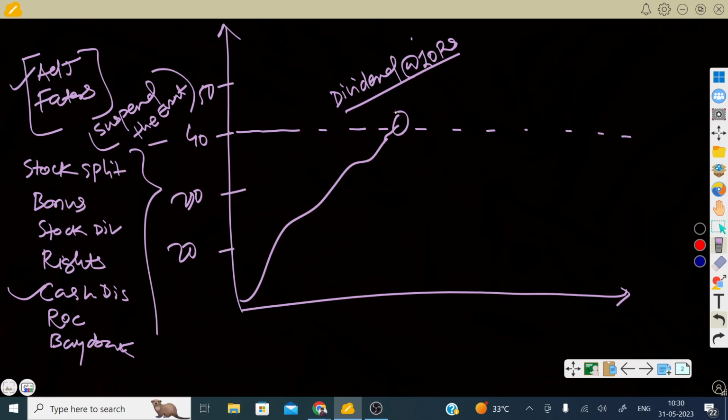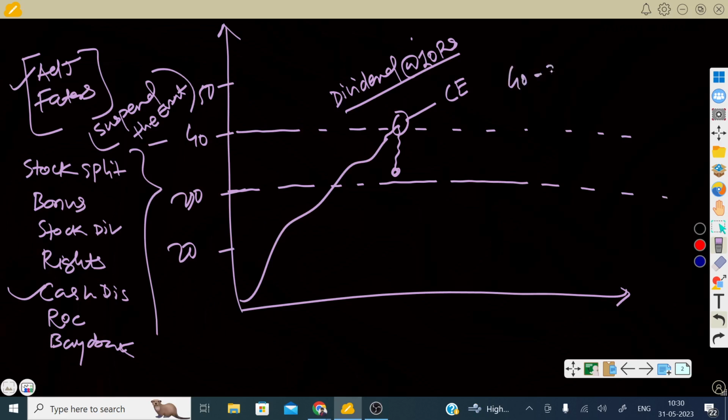Now it's touched this. Here you entered into, let's say, a CE, call European, and automatically on the dividend date the price drops. Now the price of that option is 30. If this happened, you would be in loss, right?